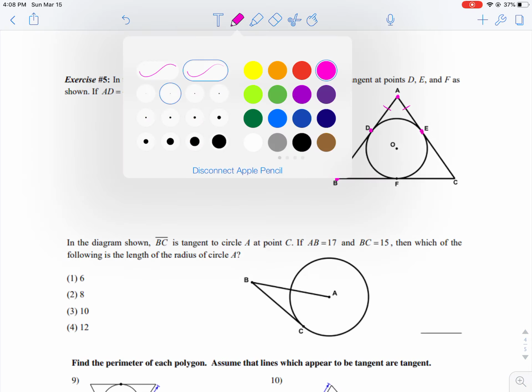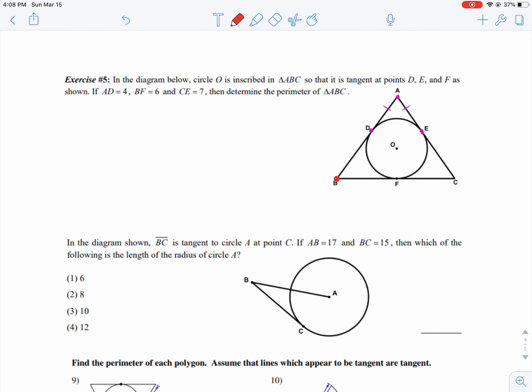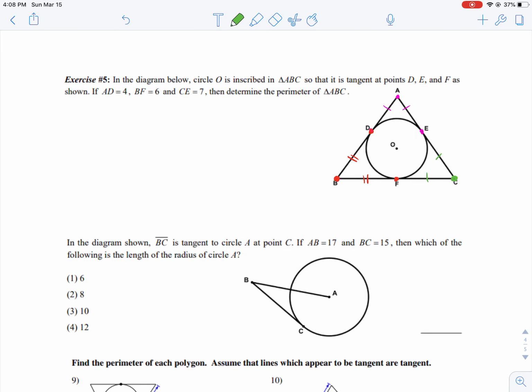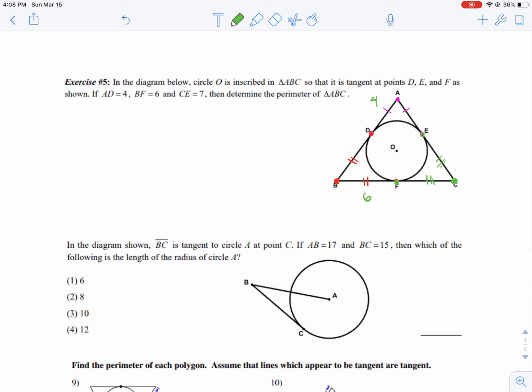Get a different color here. This distance is going to be the same. And then finally, this distance is going to be the same. Okay? So it says AD is 4, BF is 6, and CE is 7.